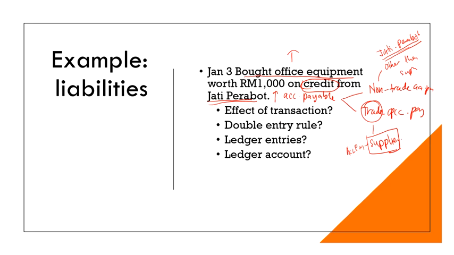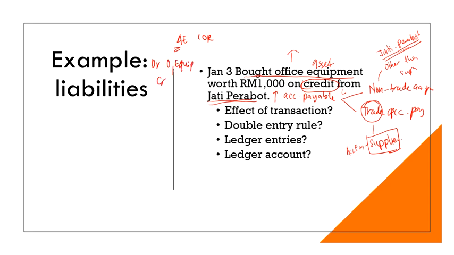So now kita tengok effect. Apa yang akan you debitkan? Account payable is your liability. Office equipment is your asset. So when asset increase, you debit office equipment.